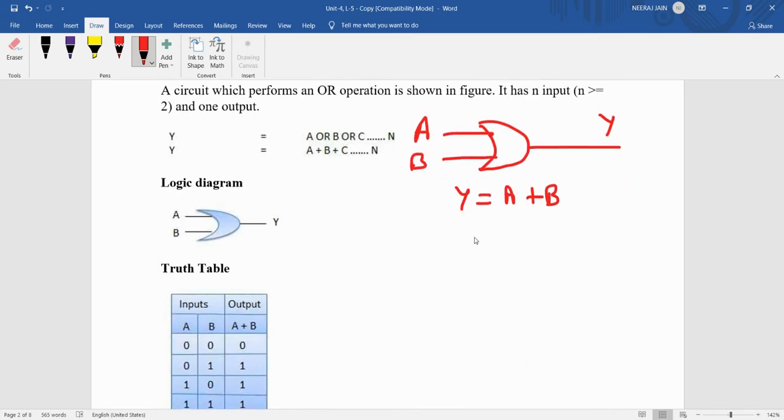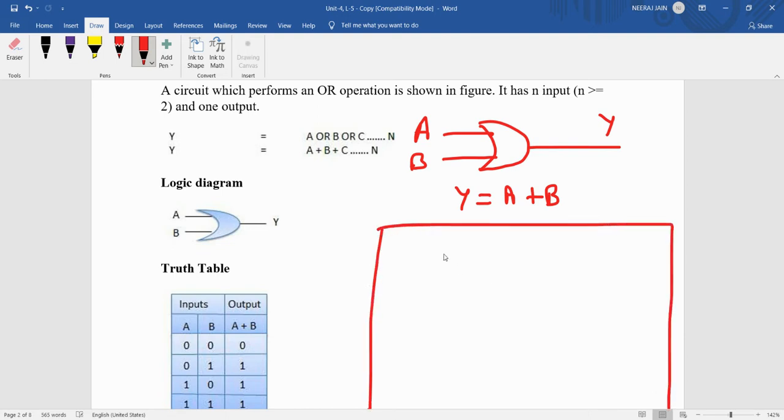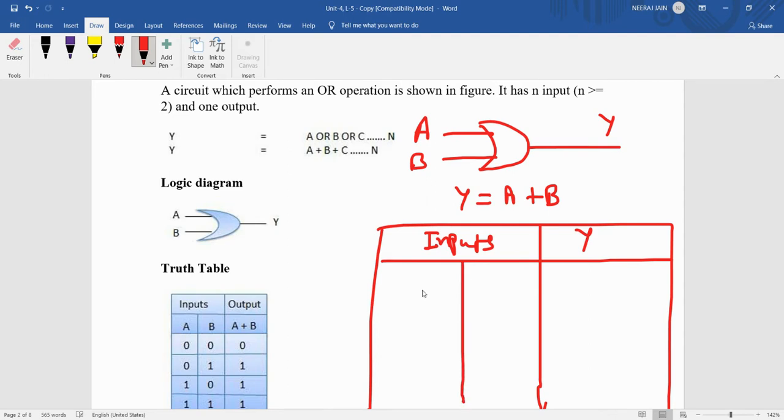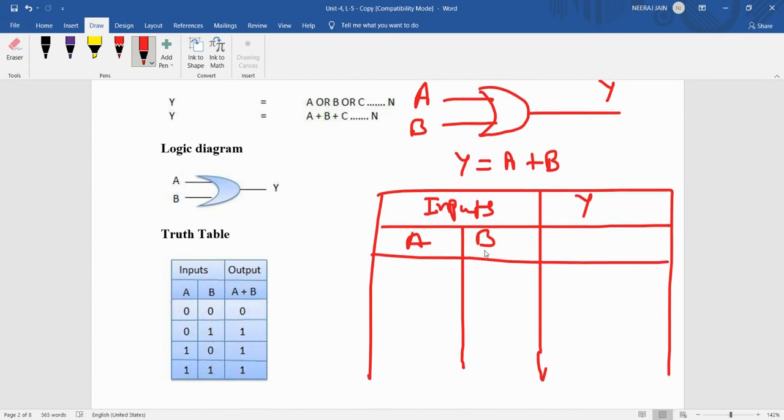Now if we make the truth table of this OR gate, then the truth table will be inputs, and output Y. Now inputs are A and B. A and B are the inputs and Y is the output.